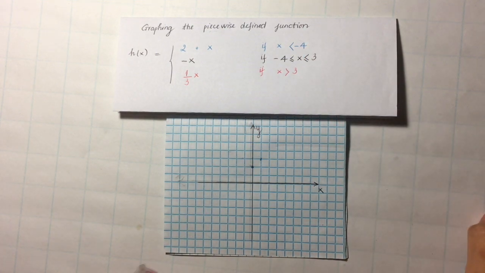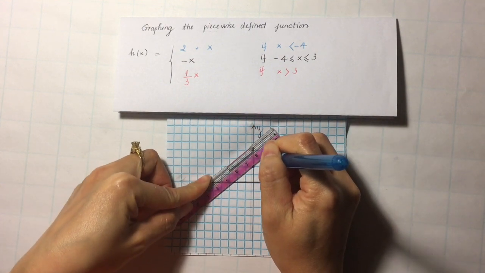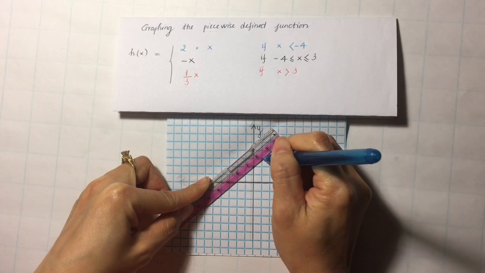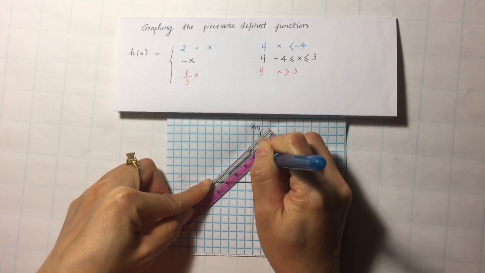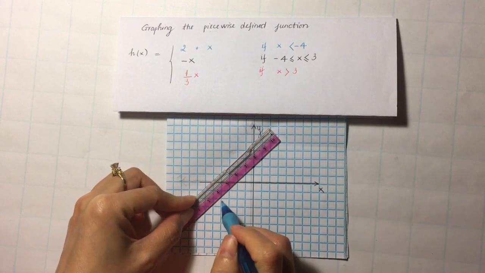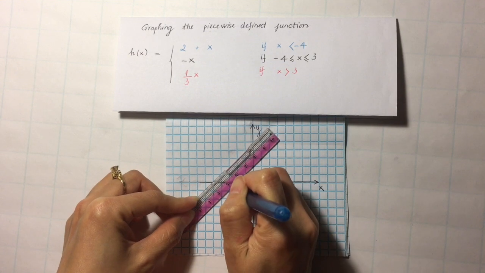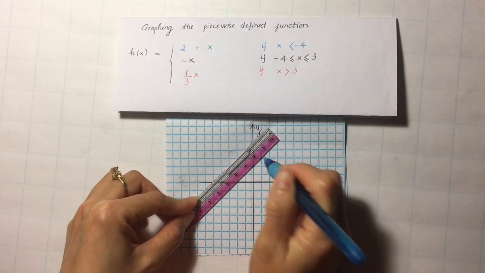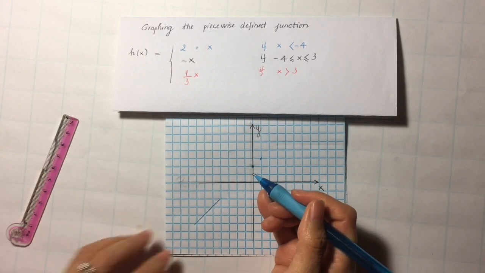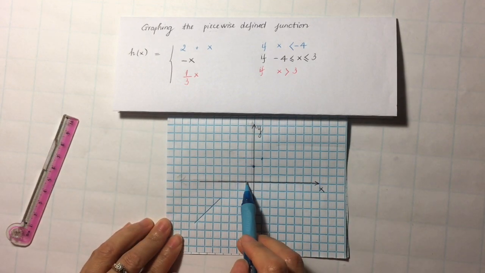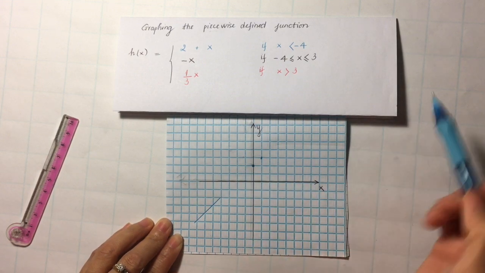Connect this. Take the part that is less than -4. Here is -4; x is -1, -2, -3, -4.